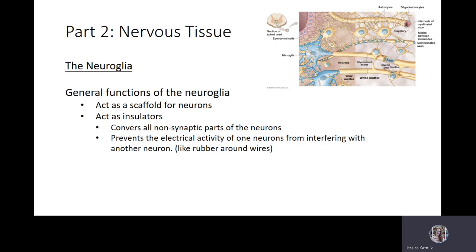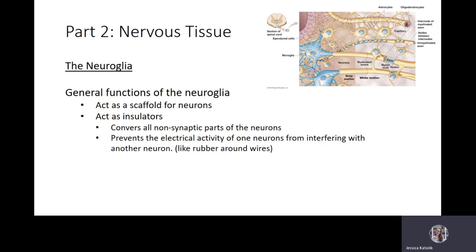I think this is one of the coolest things about neuroglia, and just thinking about the bioengineering, biomechanics of how the nervous system works. What a lot of neuroglia do is they're actually going to wrap their plasma membrane, which is lipid based, around the neurons.